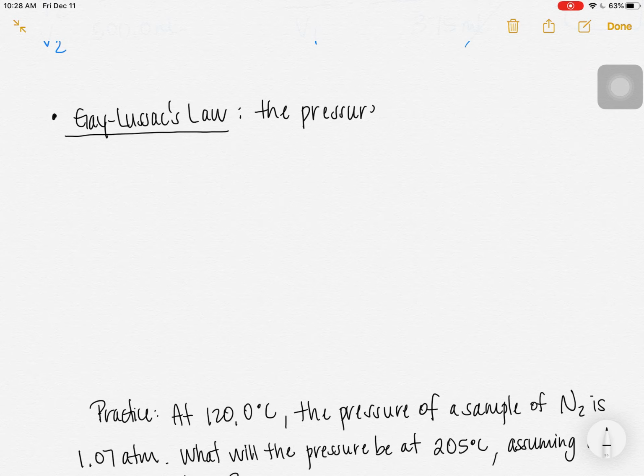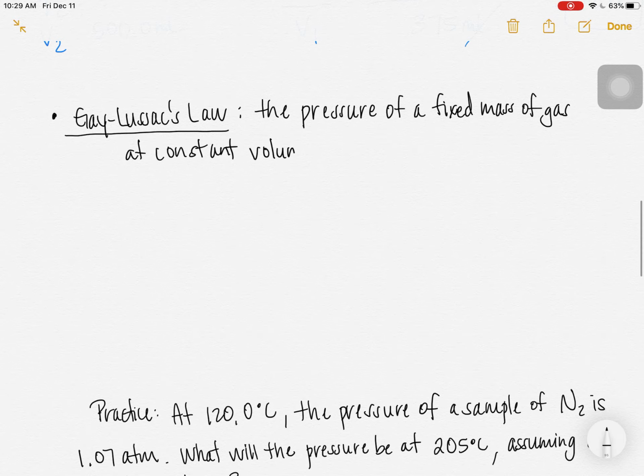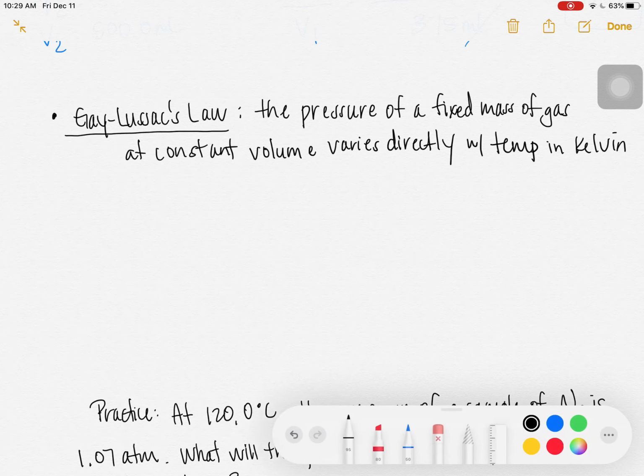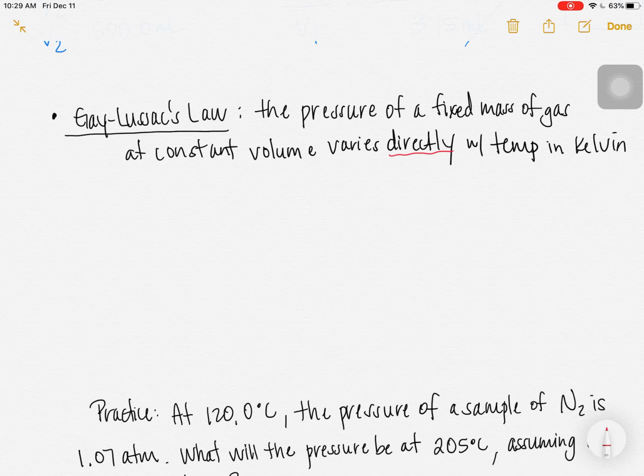And this one states that the pressure of a fixed mass of a gas at constant volume varies directly with temperature in Kelvin.